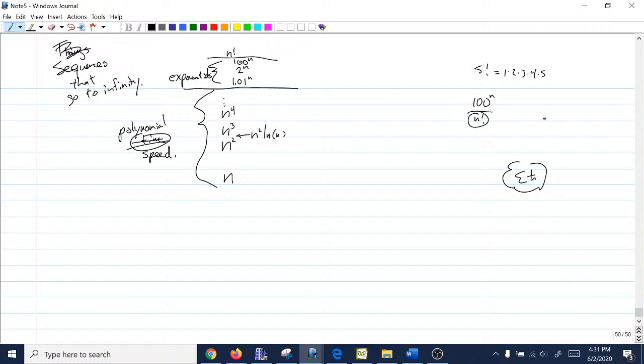But the n factorial on bottom will eventually be 1 times 2 times 3 times 4 times ... times a million. Once we get to 100,000 factorial, this will be a bunch of numbers from 1 to 100,000 multiplied together. The thing on top is a bunch of copies of 100 multiplied together.